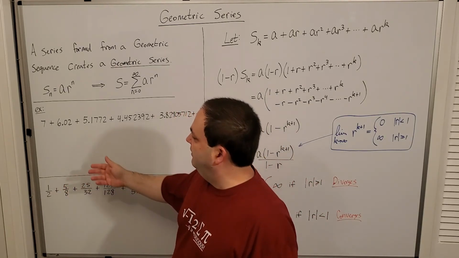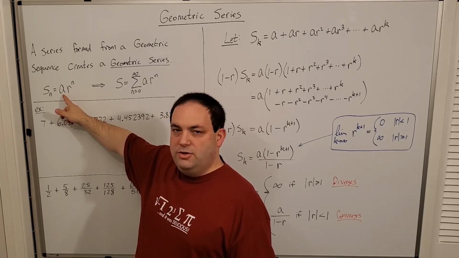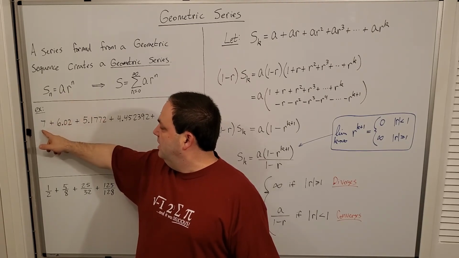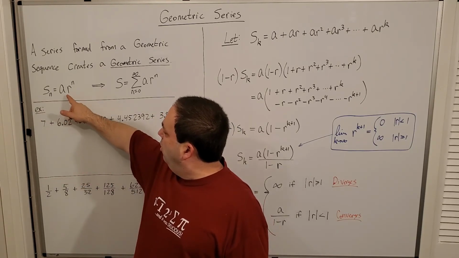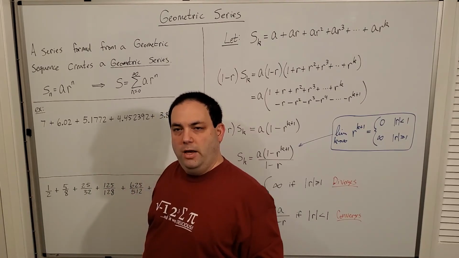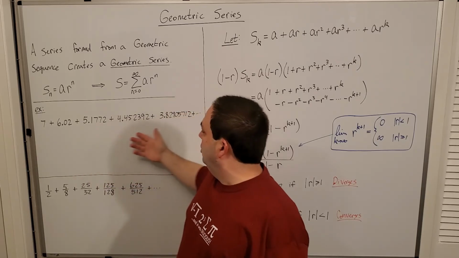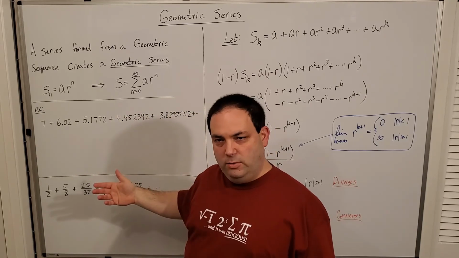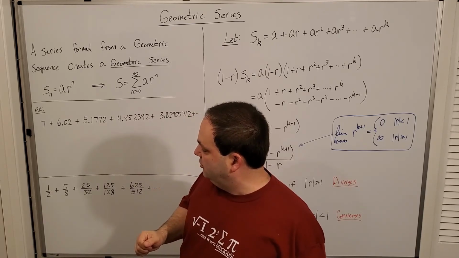Okay, so here's a couple of examples right here. The a in the geometric sequence is always the first term. And then r represents the value that I'm multiplying to get from one to the next. And this one may not look like a geometric sequence, just the way it's written, or in this case a series because of the additions.